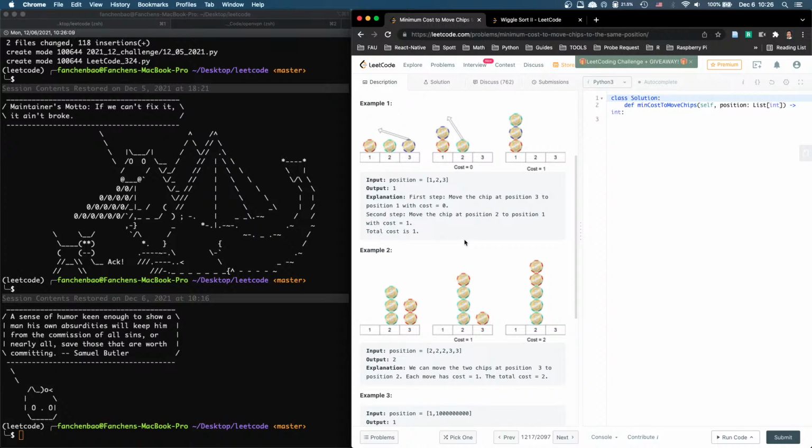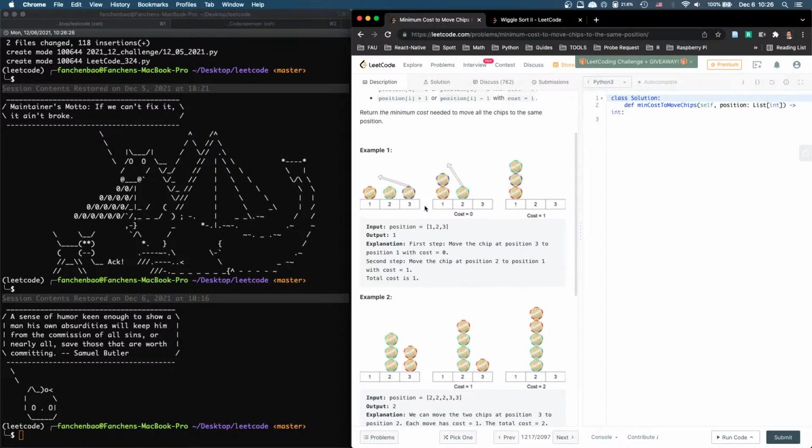All the chips on odd positions can go to one position easily, and this will only cost 0, right? And then after we group those two, we need to put them back together, and that will cost something. Like this, because 1 and 3, everybody can go back to 1, right? And 2 needs to go, so that one's 1. And this is already adjacent. So everything on odd, everything on even is already there, so we have to move the smaller amount. So that's what I think it is, right?